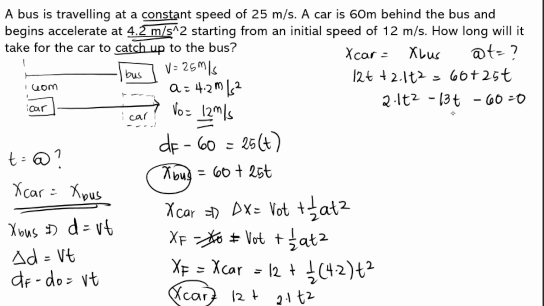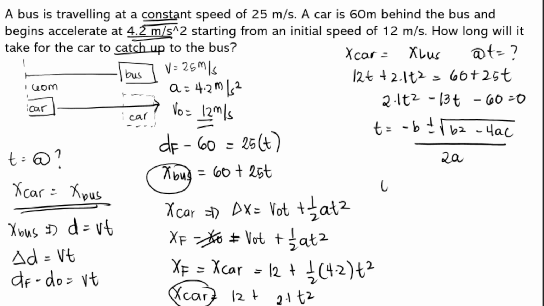So, as you can see, it is not a perfect square. This quadratic equation has no exact root, so we need to apply the quadratic formula. According to the quadratic formula, t is equal to negative b plus or minus the square root of b squared minus 4ac, divided by 2a.